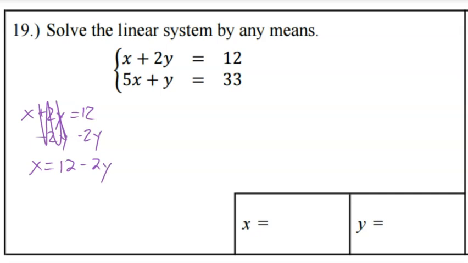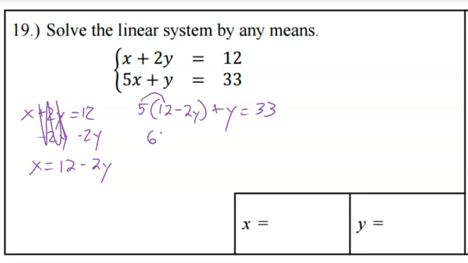Now I take my other equation, 5 times x plus y, and I'm going to replace this x with what x is equal to. Instead of writing an x, I'm going to write 12 minus 2y. So I have 5 times (12 minus 2y) plus y equals 33.